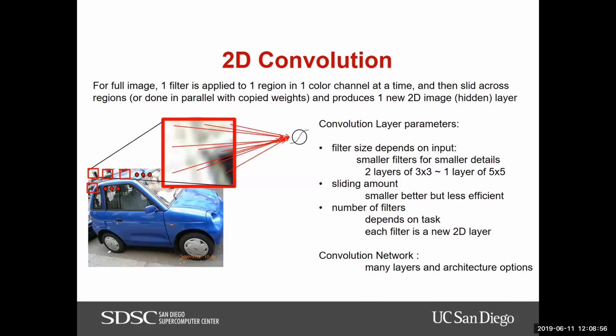So when we do these convolution networks, we can think of filters as giving us a kind of feature. It could be a line feature, it could be a color feature, it could be a combination of lines and colors. We don't really know. The power of the convolution network is that we don't actually have to build the features ourselves; we just have to build the architecture and give it enough data.